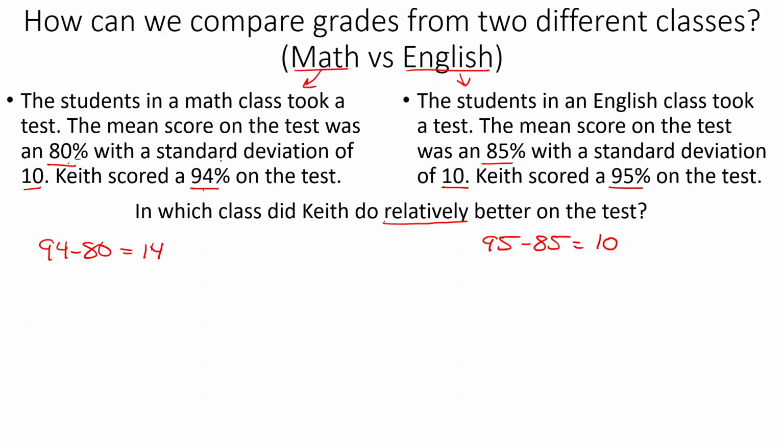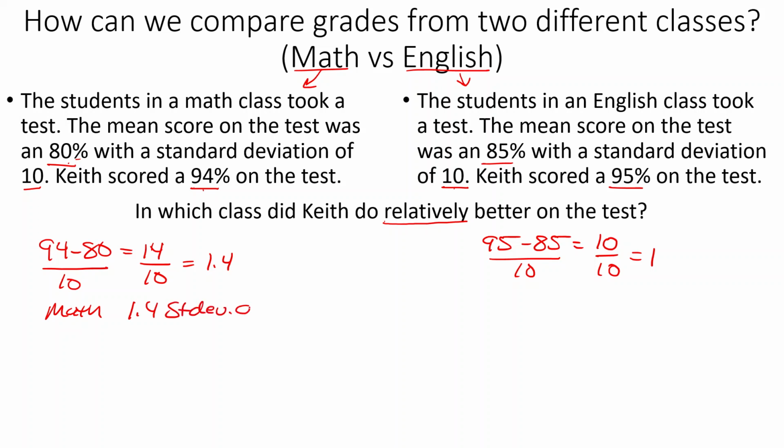But what we want to use as our measuring stick, though, is not just the number of points. Our measuring device is the standard deviation. So we're going to divide this difference by our standard deviation. And each one of them had a standard deviation of 10. So here we're getting 1.4. This one we're getting 1. So in math class, Keith got 1.4 standard deviations above the mean.